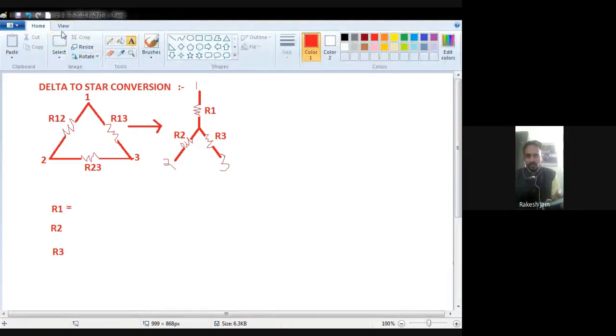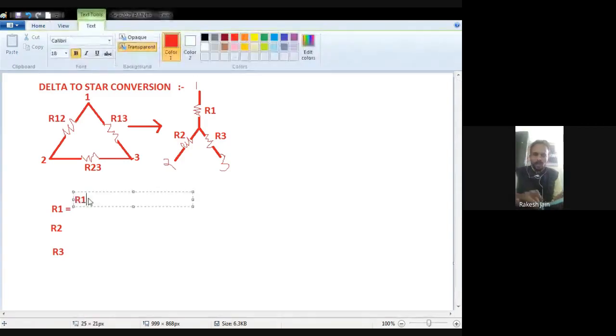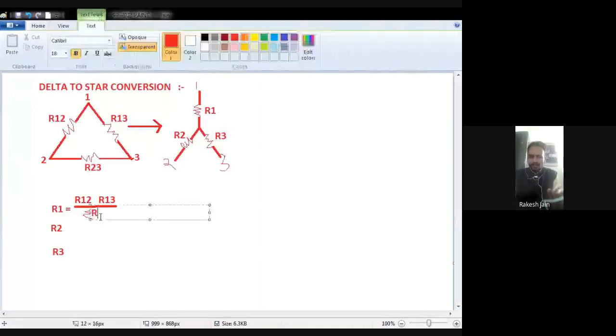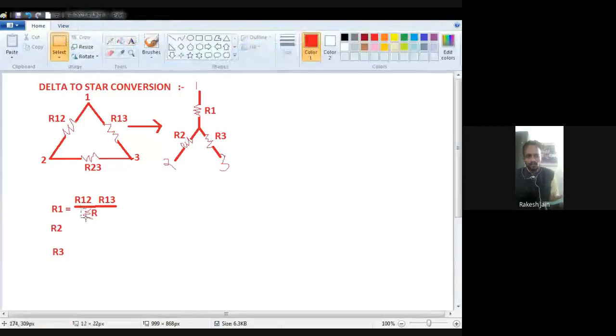Then by putting them into the right hand side diagram, you are able to convert the given delta. R1 equals one resistance R12 in which 1 is there, and another resistance R13 in which 1 is there, multiplied, divided by summation of R, where the meaning of summation of R is the sum of all the given resistances.